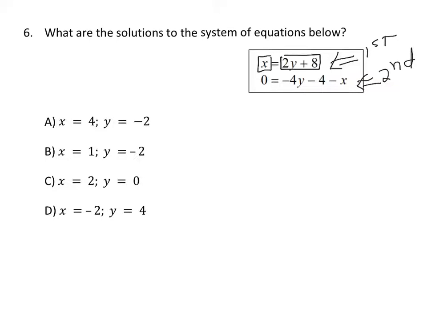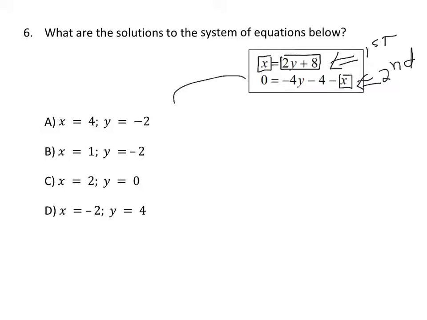Now look for where x is on the second equation, right there at the end. So you will substitute the value of x from the first equation, which is 2y plus 8, into x in the second equation. So let's now solve it.